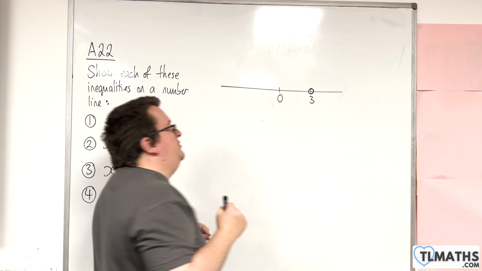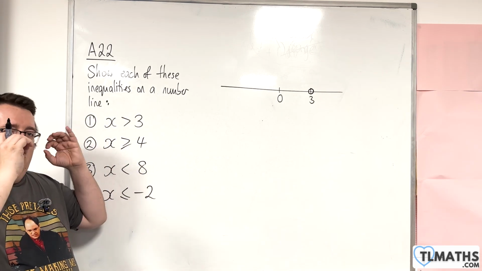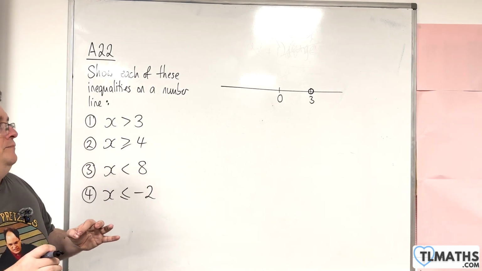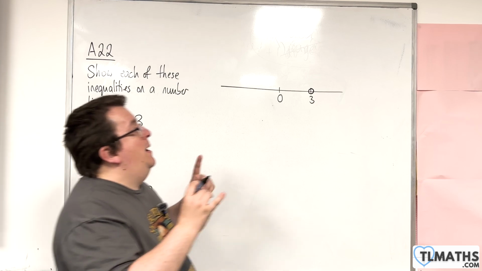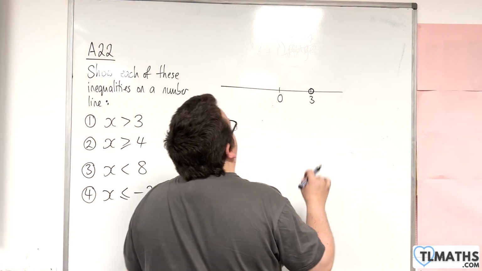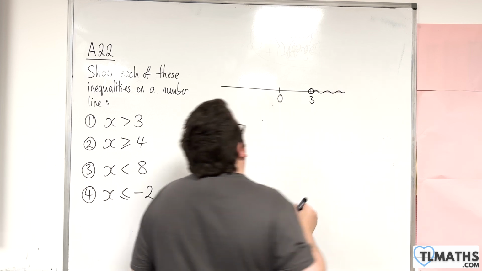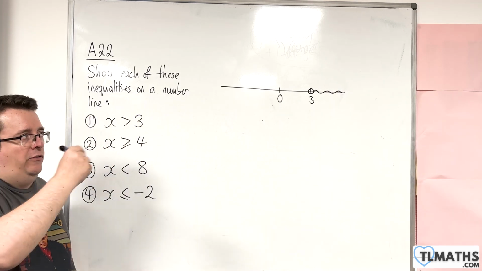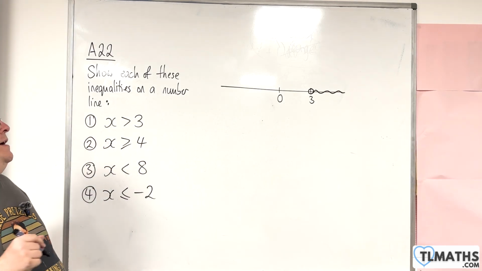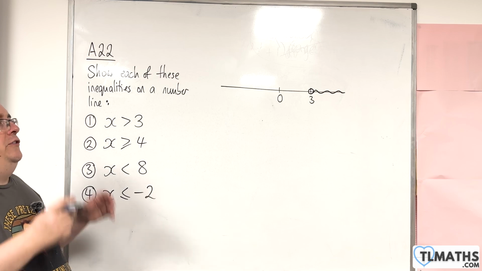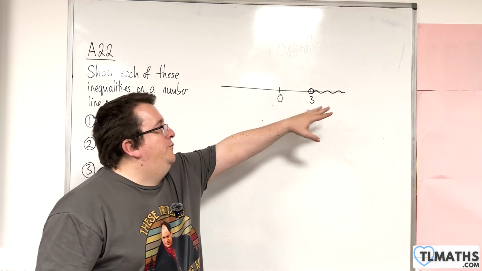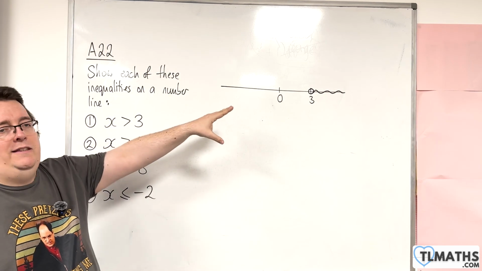So a hollow dot is used to say we're not including that value, okay, but we are including any number greater than it. And so from then on, we want to shade in our line. I'm using a nice wavy line to identify it, okay, and so that has identified the region. It's greater than 3.